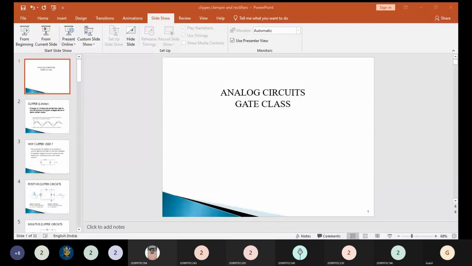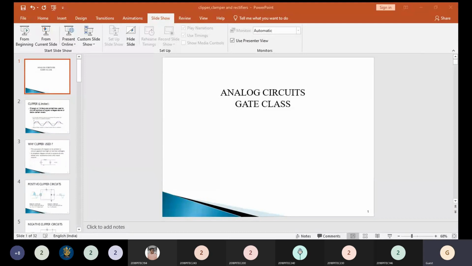With this negative value supplied through the anode, we get the full positive cycle at the output, and the negative half cycle up to minus 2 volts. For example, if we give minus 2 external volts, we get output up to minus 2 volts. After minus 2 volts, it is clipped off. So this is called the biased negative clipper.